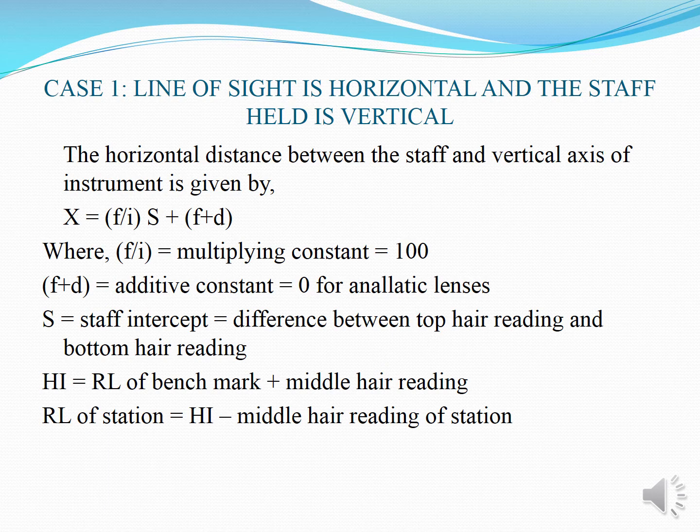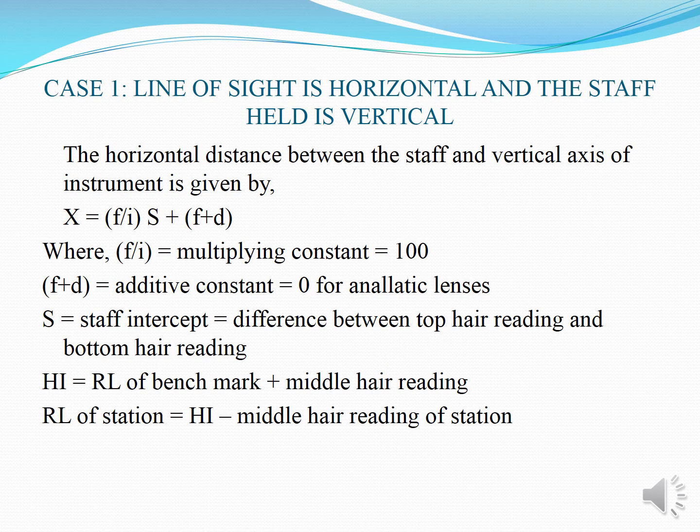The horizontal distance between the staff and the vertical axis of the instrument is given by capital X is equal to F upon I into capital S plus F plus D, where F upon I is the multiplying constant, and F plus D is the additive constant, and this additive constant is 0 for the analytic lens.